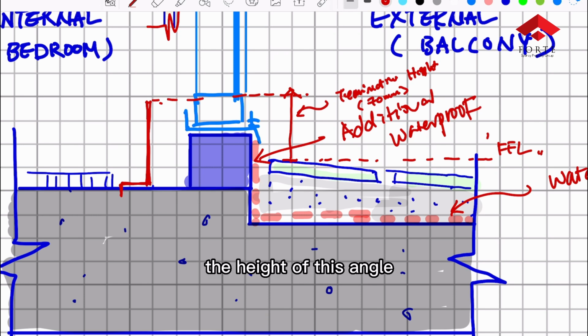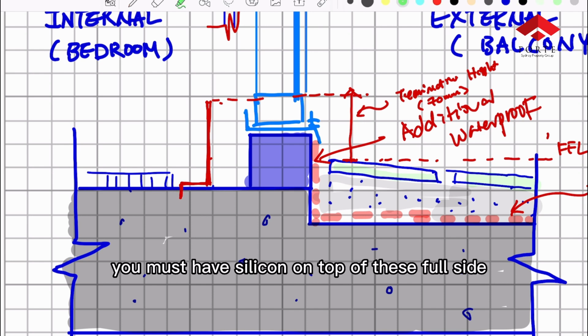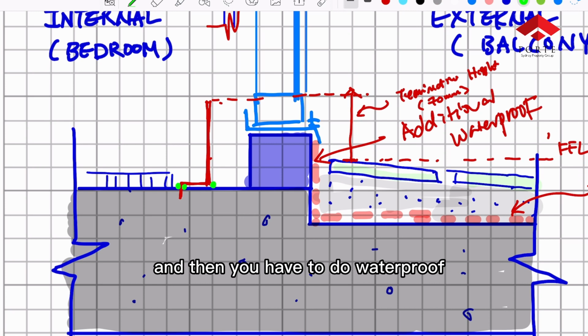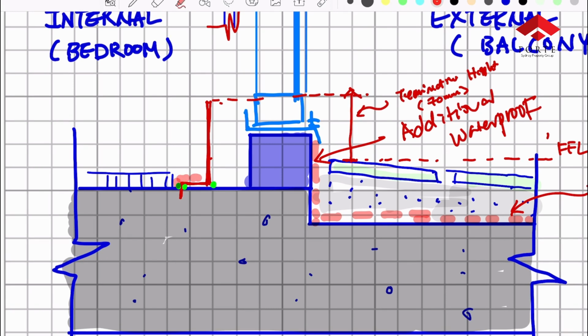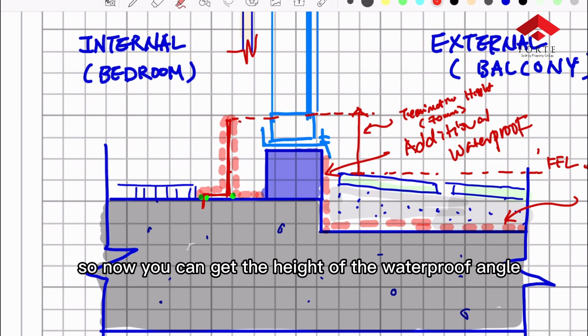So the height of this angle is defined by the external finish level, making it more than 70 millimeters. You need to saw cut the concrete slab to make sure this angle fits in. After you fit it in, you must put silicone on top on both sides, and then you have to do the waterproofing. So now you can get the height of the waterproof angle.